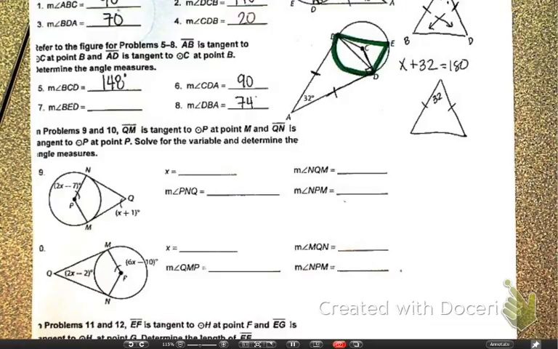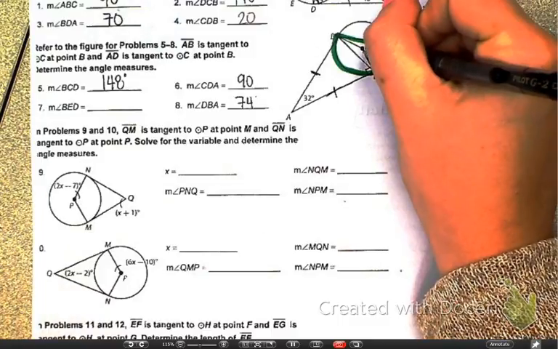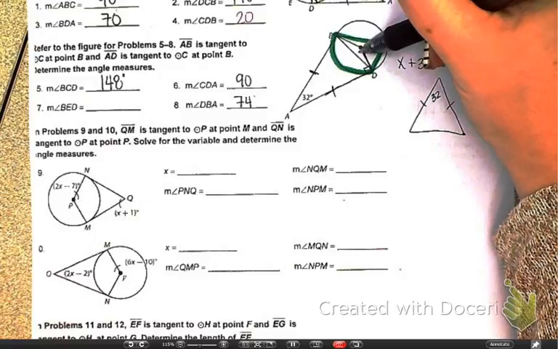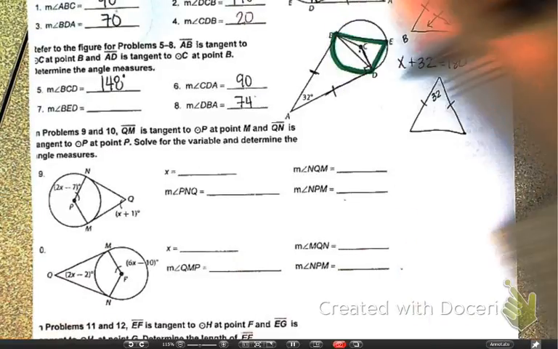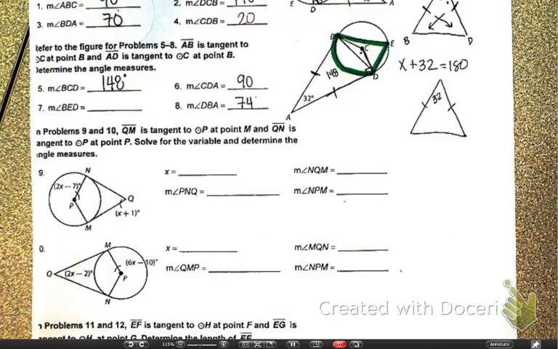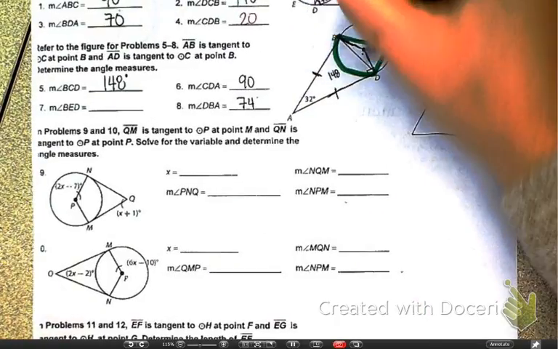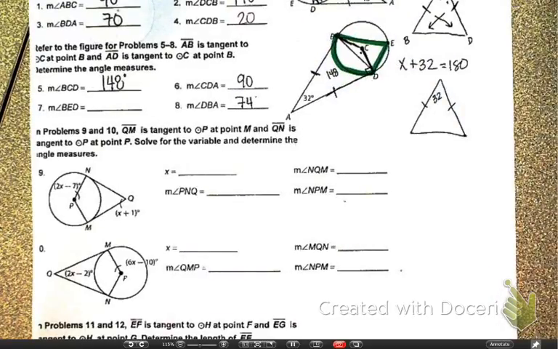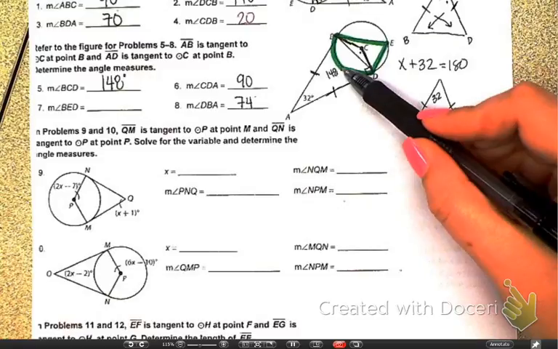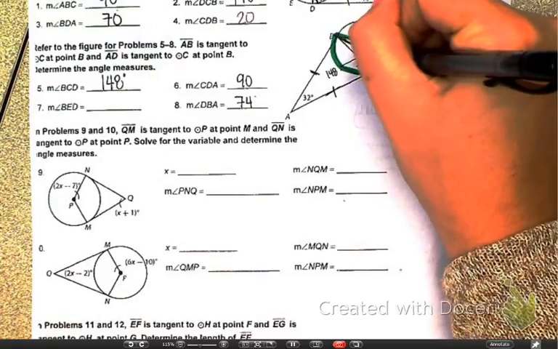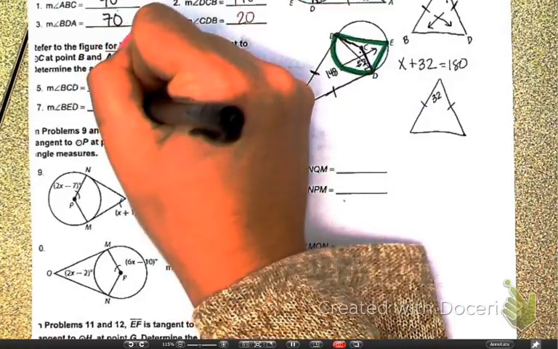Because this is 140. I don't know. What's this angle called? The central angle. The central angle and the arc that the central angle creates are congruent. Okay, so here's my central angle. The arc that it creates is going to be congruent to my central angle. How do I find the inscribed angle from that arc? Divide by 2, which is 74.